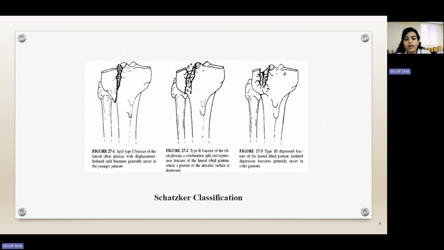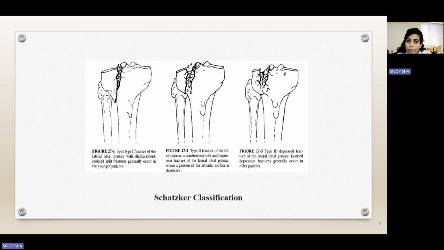So coming to the classification, how do we determine how severe the fracture is? We have a classification for that, the Schatzer classification, which is usually identified from the X-ray. There are also some different classifications, but this one is the most common one that we usually follow. Over here, the fracture is divided into different types, and the type of fracture determines the severity.